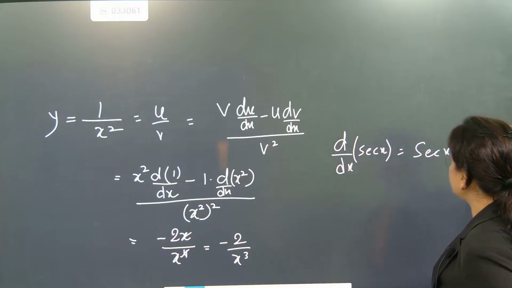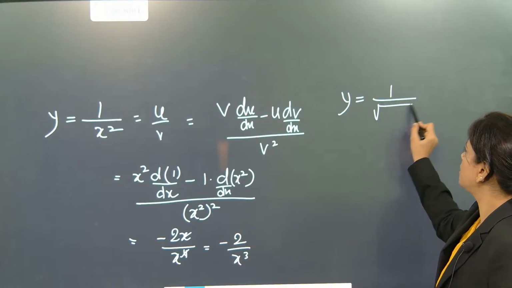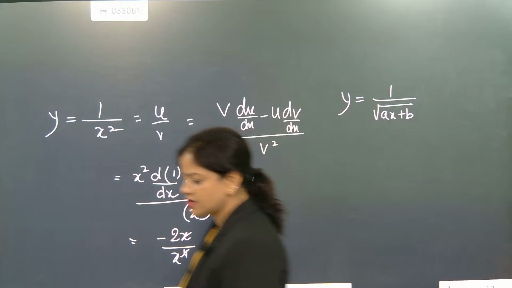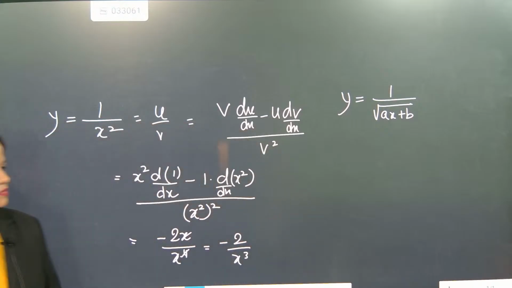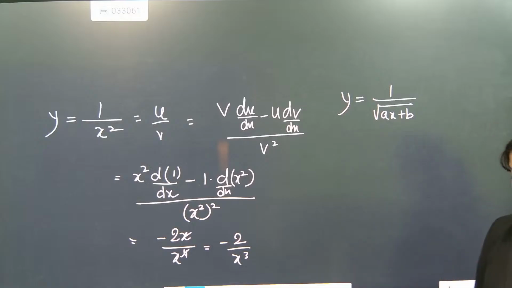Do the differentiation of y is equal to 1 by root under ax plus b. Come on, go for it. Y is equal to 1 by root under ax plus b.